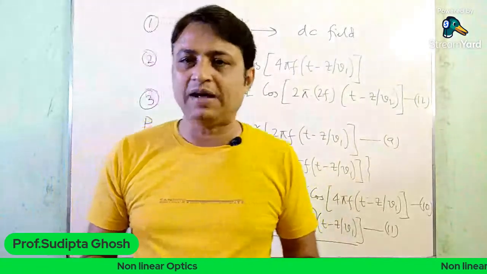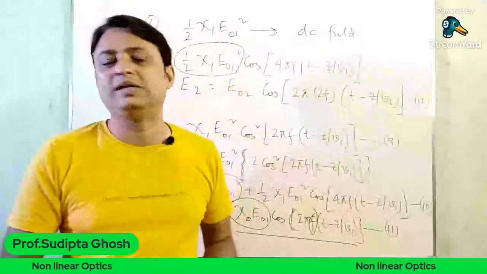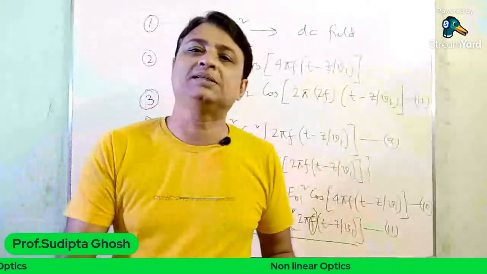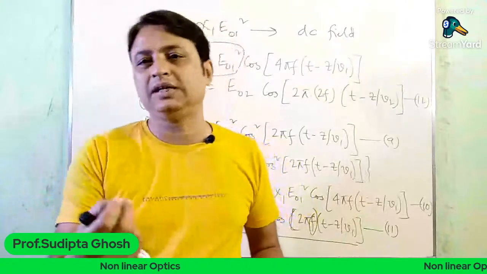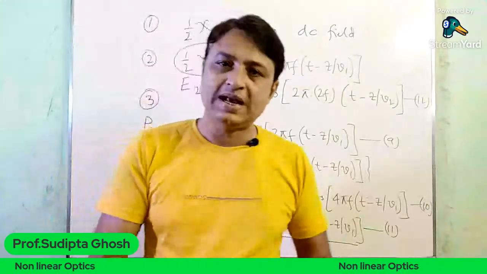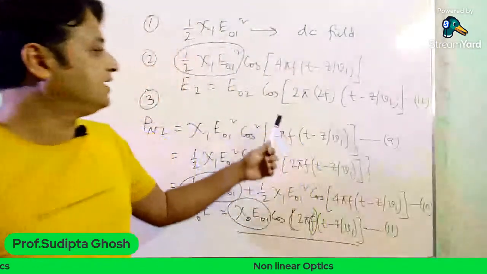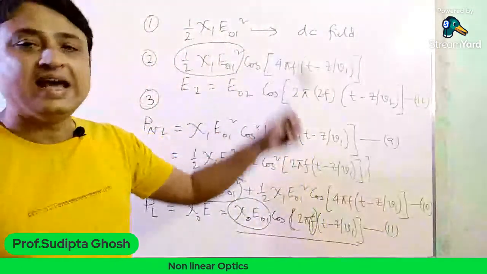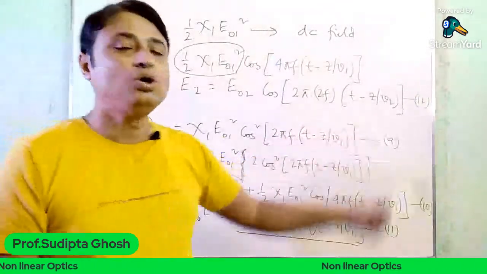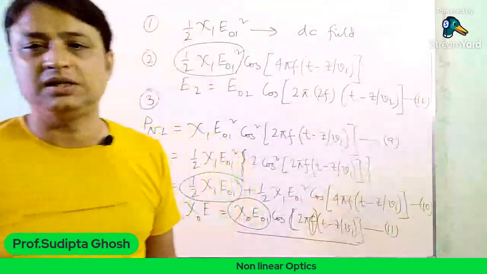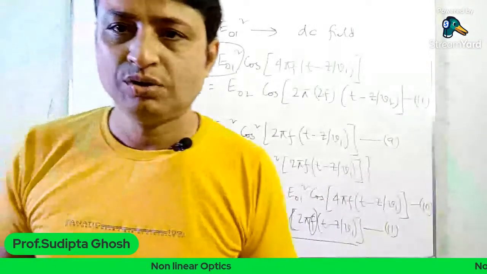Because the frequency of the wave is changed, the velocity is not a constant value. So we must represent it as another velocity value, and that is v2. The frequency was initially f, and now the frequency is written as twice f, so we must change the velocity v1 to v2. Right, Abhijit?